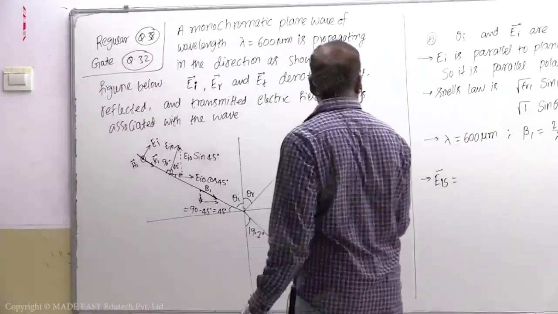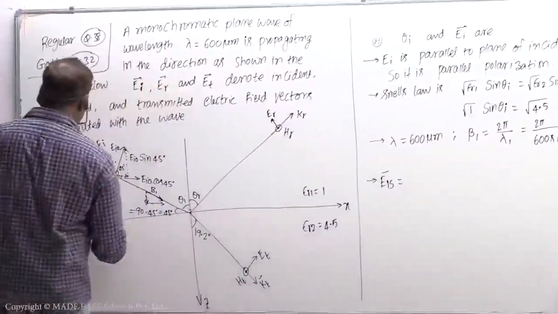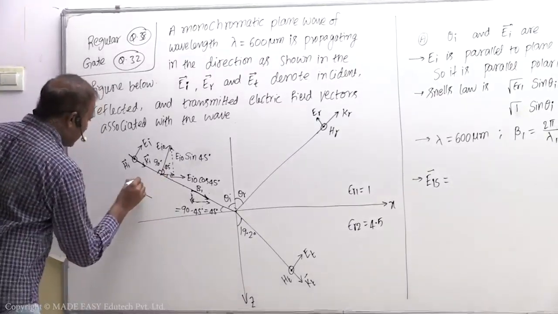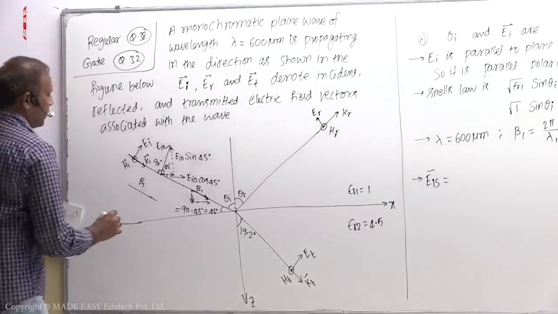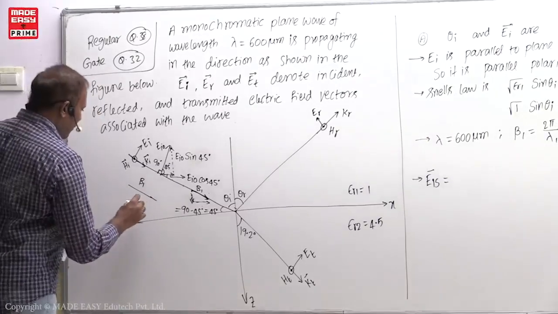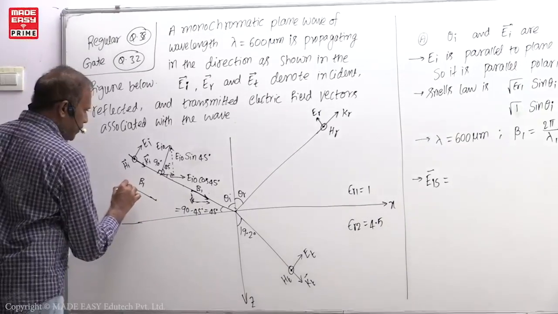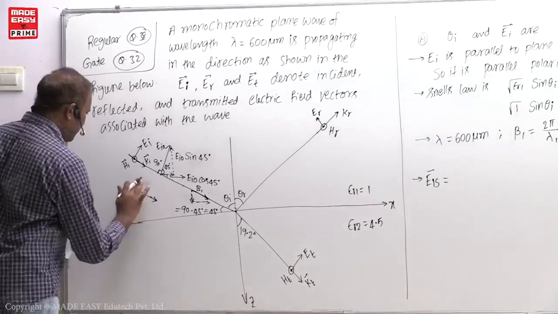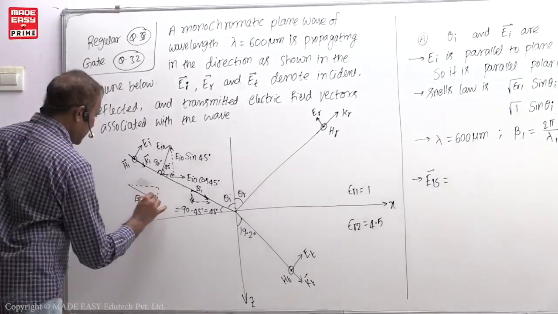Okay, student. I will draw that diagram here, students, so that you will not be confused. I will draw this diagram here. So this is parallel to this, that is beta 1. Okay, I am drawing here. Now this beta 1 has components like this, beta 1 like this I will draw.